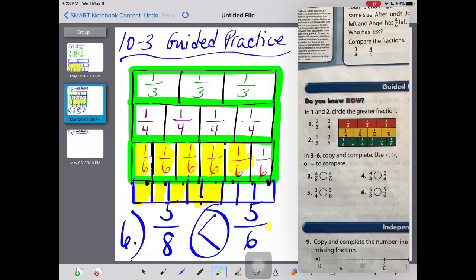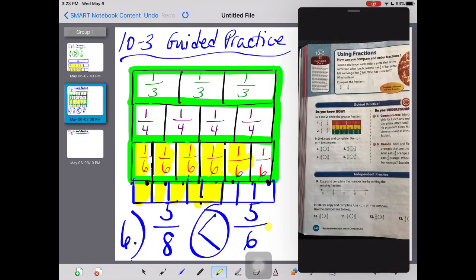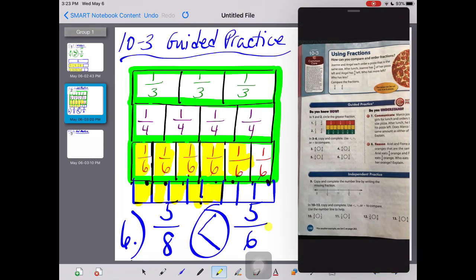All right, now I want you to start working on the independent practice on the bottom of page 248, okay? They are giving you a number line, which you can think of like a fraction bar, these fraction pieces, okay? So you're going to copy the number line on number 9, fill in that missing fraction, and then use that number line to help you with completing numbers 10, 11, 12, and 13, okay?